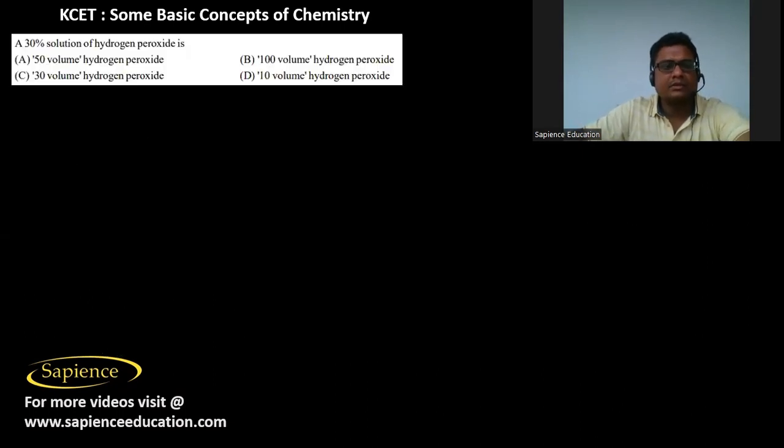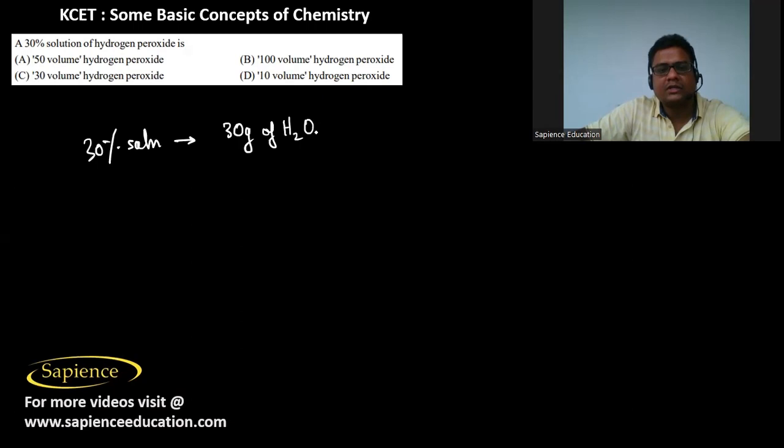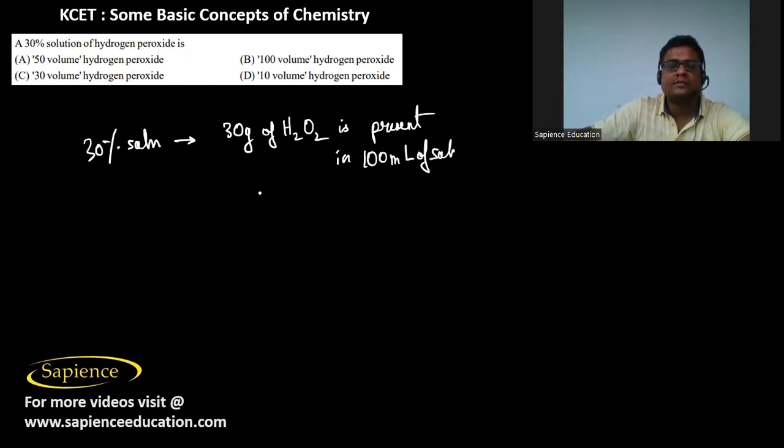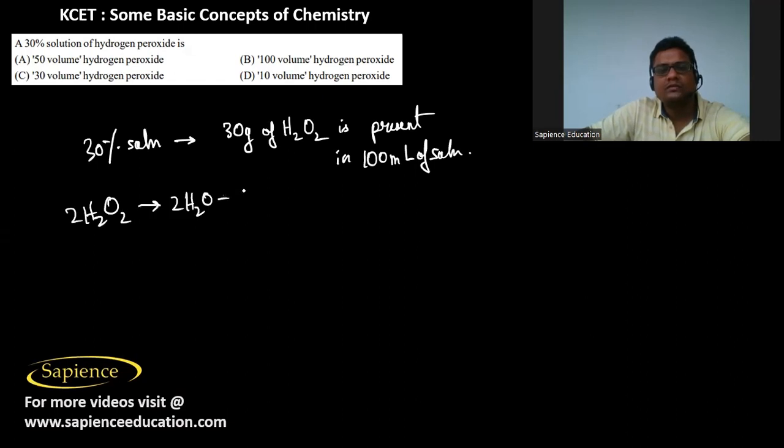Then here it is told a 30% solution of hydrogen peroxide. So a 30% solution means that 30 gram of hydrogen peroxide is present in 100 ml of the solution. Now 2 moles of H2O2 will give 2 moles of H2O plus 1 mole of oxygen.